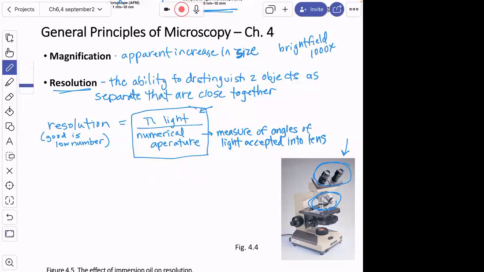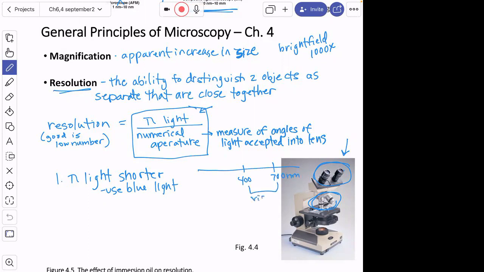So either we want the wavelength of light to be shorter, or we want to somehow make that numerical aperture bigger. How could we shorten the wavelength of light? Well, I haven't actually tried this with our light microscopes, but we could use blue light. Visible light is measured between about 400 and 700 nanometers.